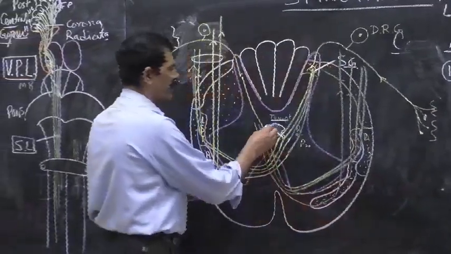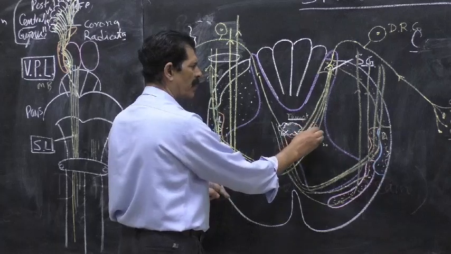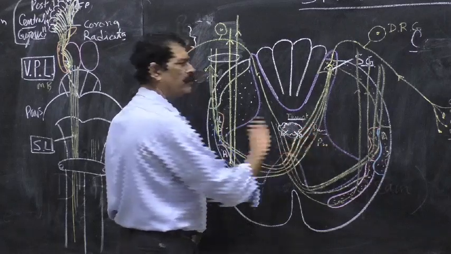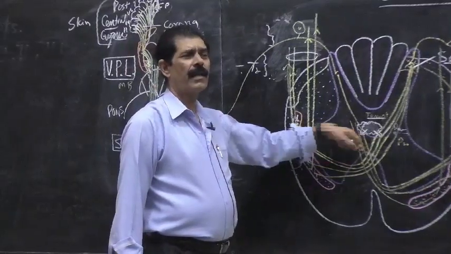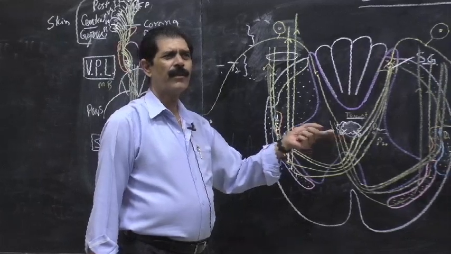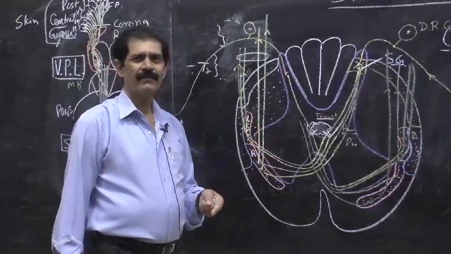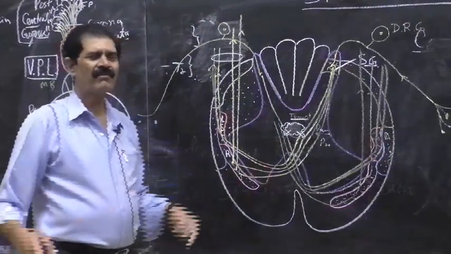And when the destruction further occurs, the next fibers, we know, are the pain fibers. Now the patient comes with another complaint. What is the complaint now? There is no pain sensation felt. Whether you cut with a knife or a blade, the patient doesn't feel the pain.